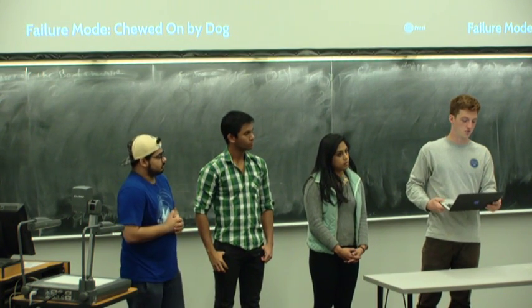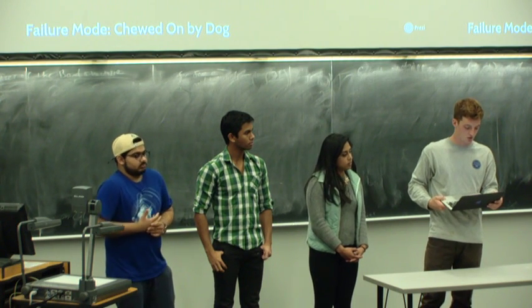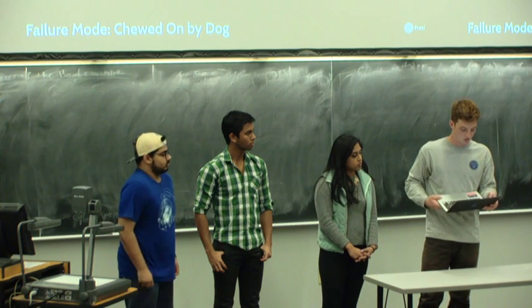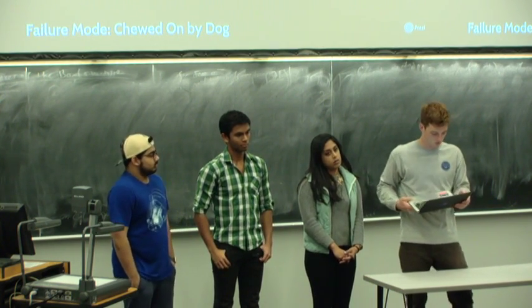So the material could be too weak or too dense. If it's too weak, that would cause it to break easily, fall apart, and then obviously sink. So we gave that a pretty high severity since the point of a canoe is to float.